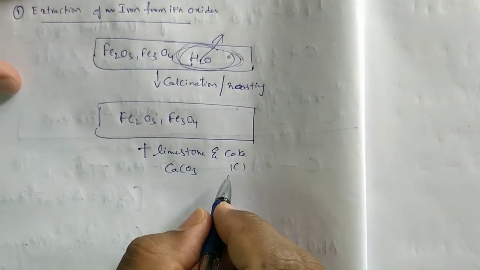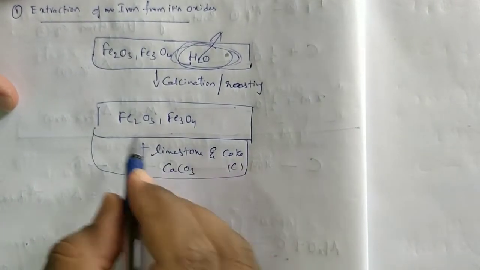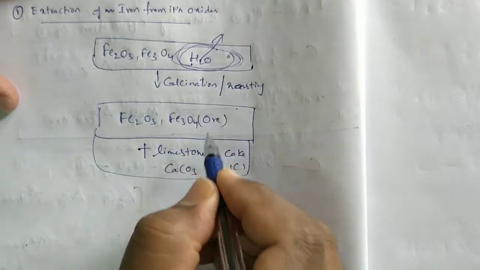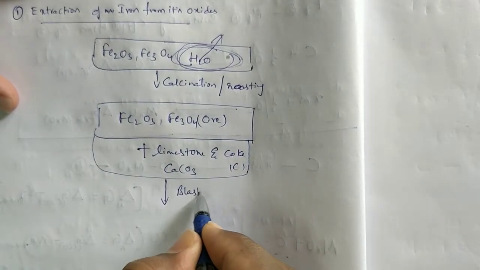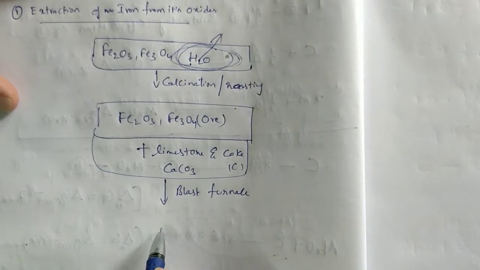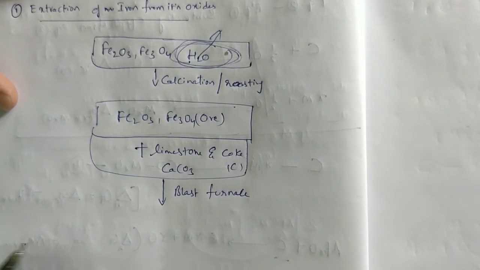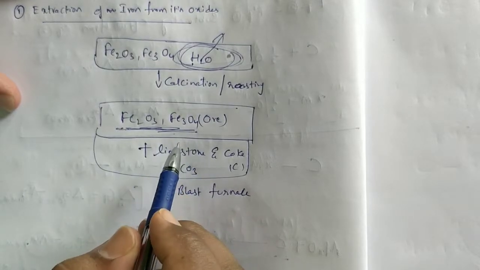Coke is nothing but C. These are mixed with Fe2O3, Fe3O4, that means the ore, and sent into a blast furnace from its top, in which the oxide is reduced to the metal. Now, in this reaction, this oxide is going to be converted to metal, iron, ma.